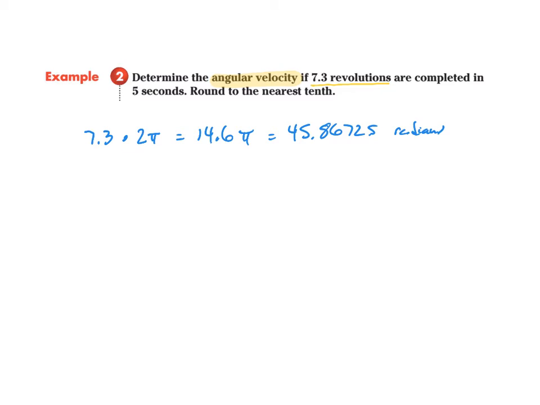And then to figure out the angular velocity omega, we're going to do 45.86725 divided by the 5 seconds. And when we do that, we end up with approximately 9.17 radians per second.